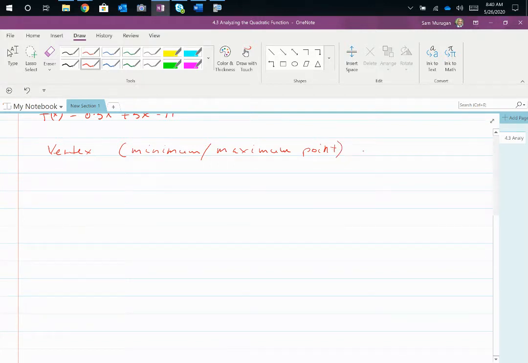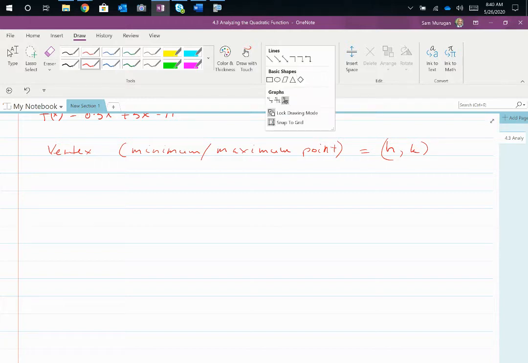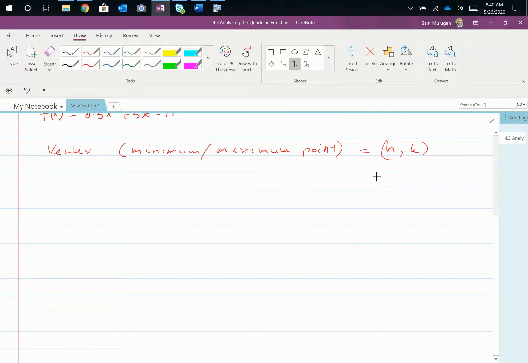And it's given the designation h and k. And the reason we would state minimum or maximum is depending on which way the graph is turned.